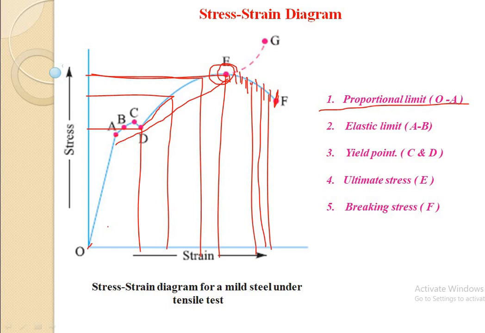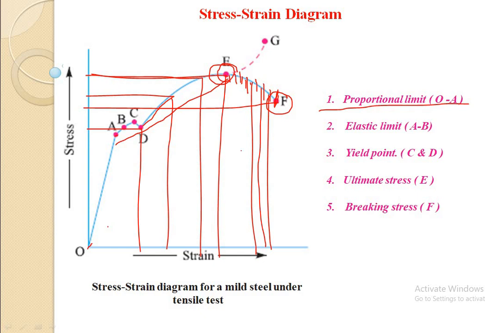If we go on increasing the load beyond point E, as there is a small cross-sectional area, for a little application of load the material will break. That's why the breaking stress value will be lower than the ultimate stress value.